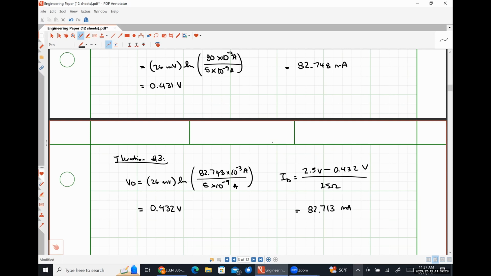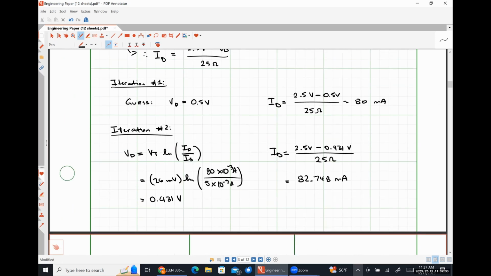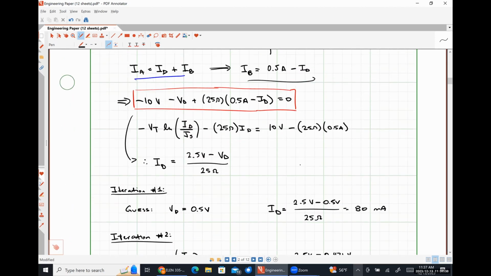So I'm going to do this on my TI using my numerical solver, that second sign. And let's see, I'm going to scroll up here and I'm going to use this second relationship.